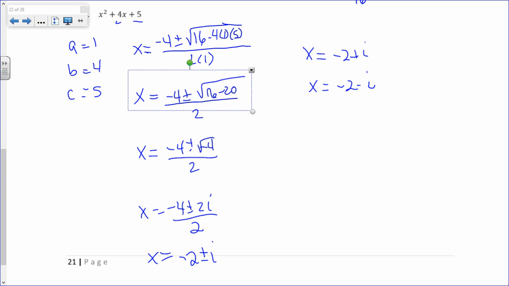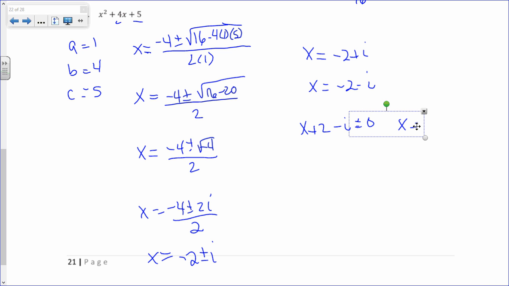So I'd have x plus 2 minus i equals 0, and then x plus 2 plus i equals 0. So all I did was set each of those to 0 and solve them.